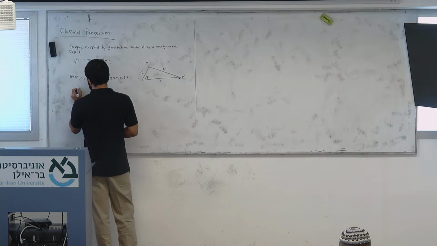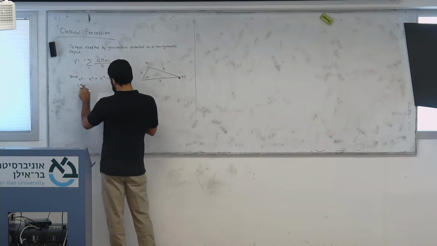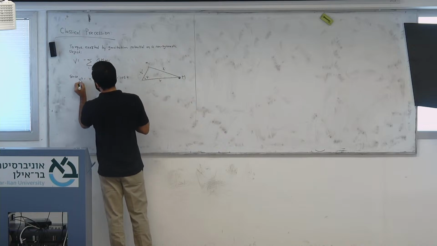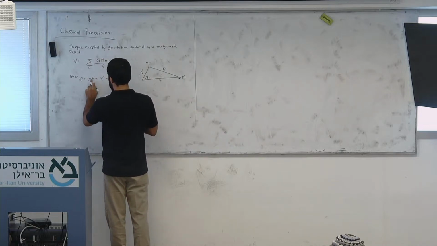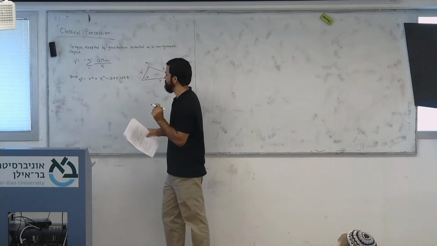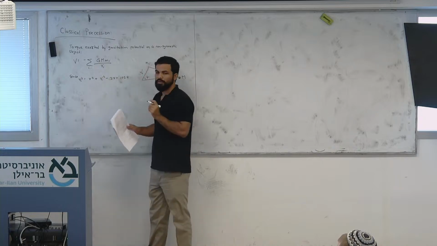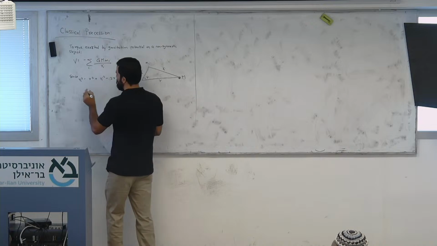Oops, did I make any mistake? This is Ri, right? I need Ri. Ri square is r square plus, my mistake. Okay, I will put it in here.